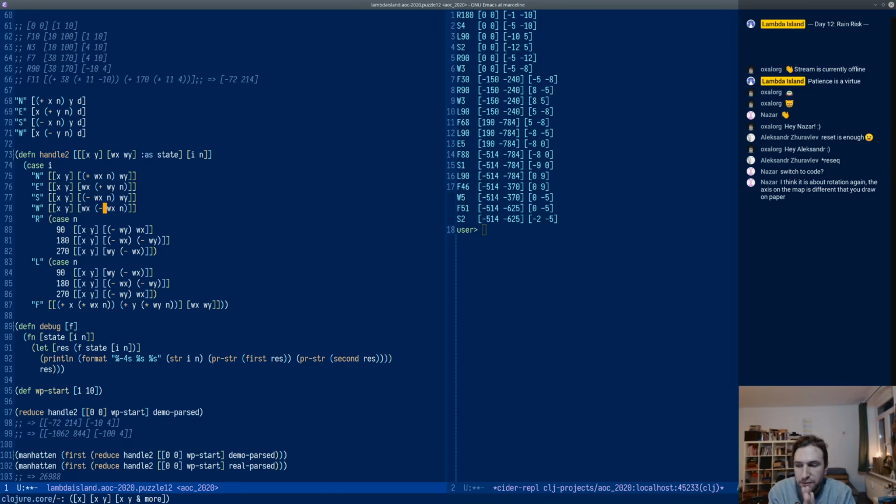The axis on the map is different from what you draw on paper. But I feel like something's wrong with our west here, because we said that east-west is the y-axis, and going east increases y, and west decreases y. So if we're at -5, -12, and we go west 3, we should be at -15.